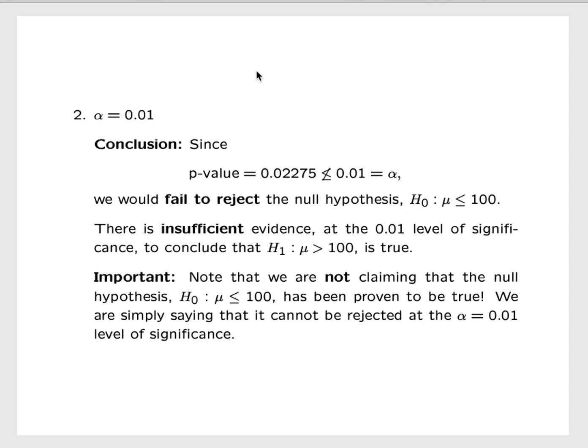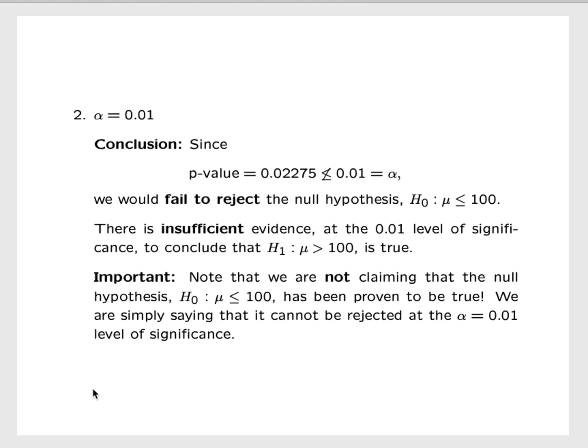Now, on the other hand, if we were to use a significance level of 0.01, then since the p-value is not less than or equal to 0.01, we would fail to reject the null hypothesis. So while there's sufficient evidence at the 0.05 level of significance to reject the null hypothesis, there is insufficient evidence at the 0.01 level to do so.